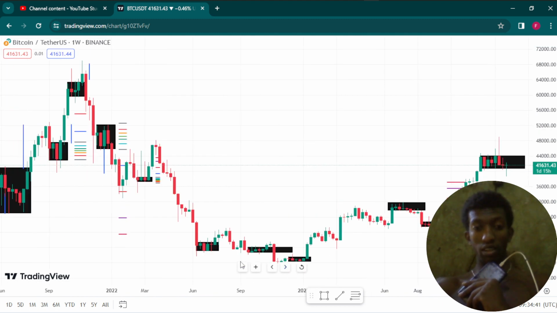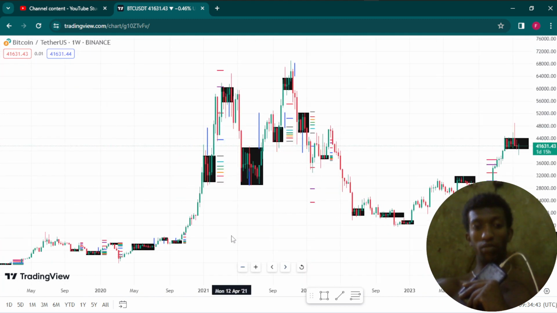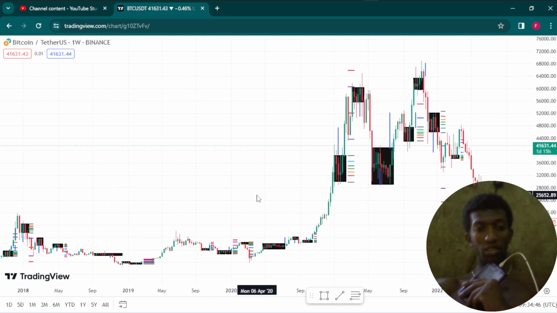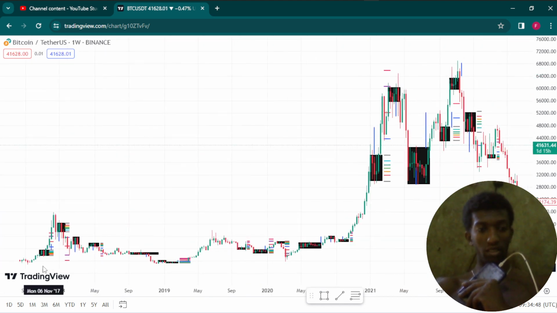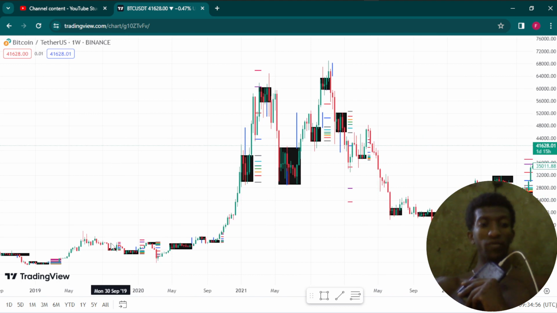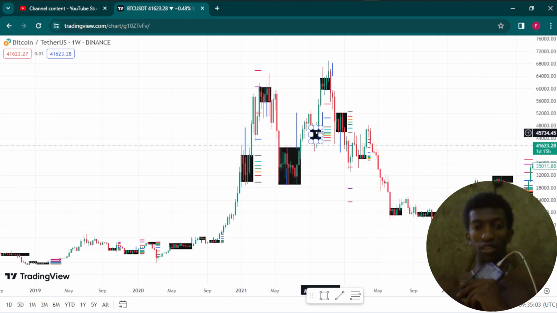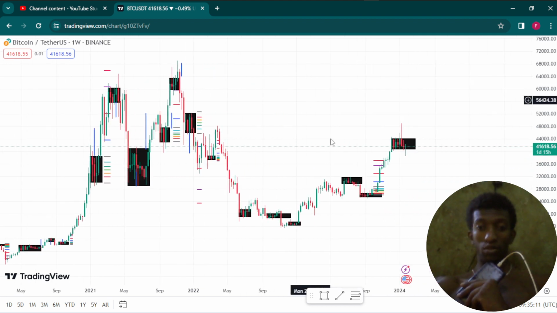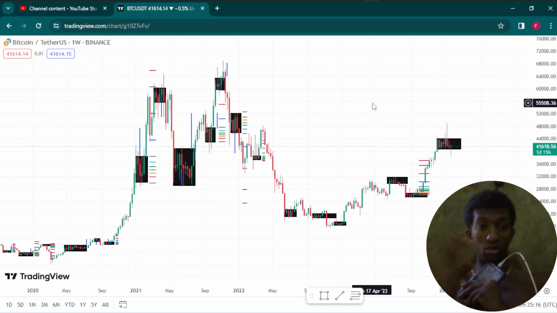So as you can see, everything has played out in our favor. Every trade. Look at this beauty. This is amazing. We had 1, 2, 3, 4, 5, 6, 7, 8, 9, up to 26 setups in 2 years, only in 2 years on the higher time frames.